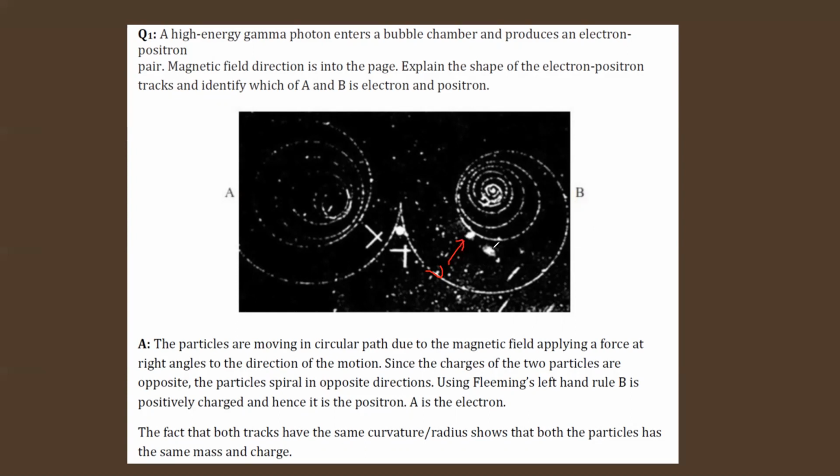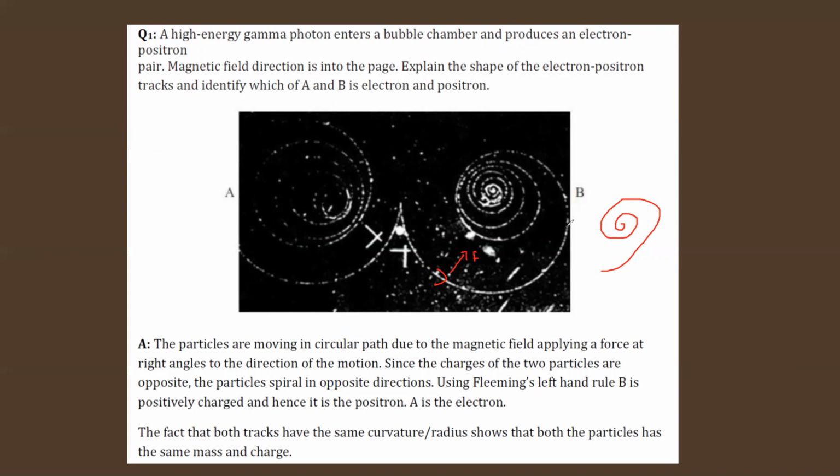When I apply Fleming's left hand rule, the magnetic field is into the page, so my first finger should point into it, and the second represents the direction of the particle. The direction cannot be the other way around, as the momentum is not increasing, energy is decreasing, speed is decreasing due to ionization. So the first finger represents the magnetic field, the second represents the direction of the particle, and the thumb is pointing towards the center.